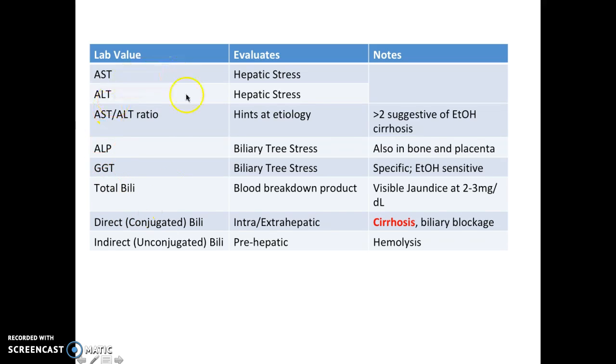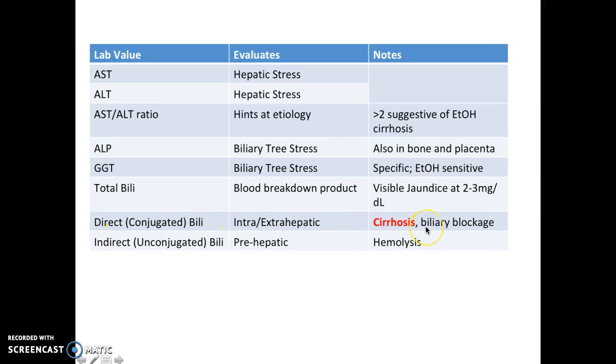Other things that people might look at are the bilirubin levels, because your patient becomes visibly jaundiced around 2 to 3 milligrams per deciliter of total bili or higher. So you can further break down the total bili into your direct, which is tracked by conjugated bili, or your indirect, which is tracked by unconjugated.